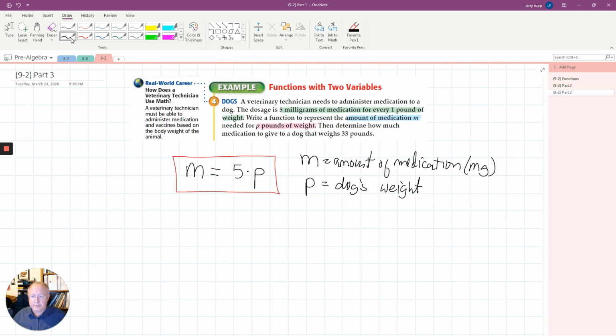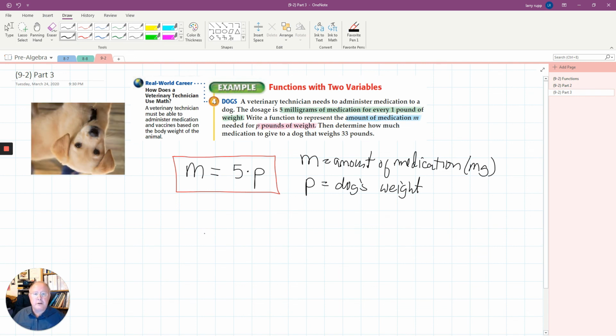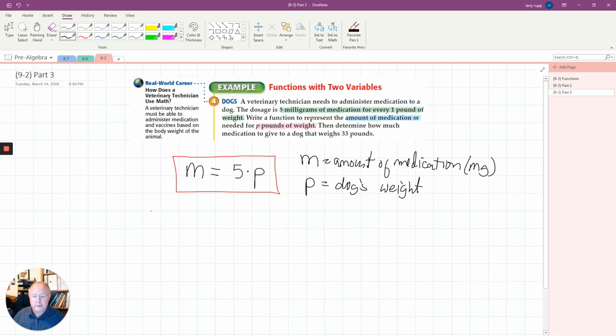The second part says, determine how much medication to give a dog that weighs 33 pounds. So for 33 pounds, we have M, because that's what we're looking for, how much medication to give him, is equal to 5 times P, which is 33, which is equal to 165.